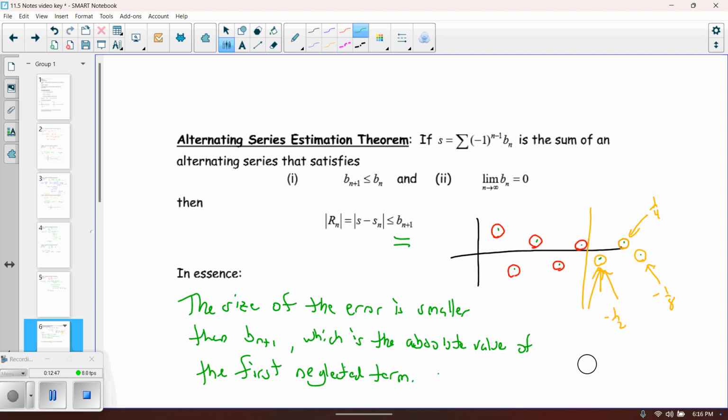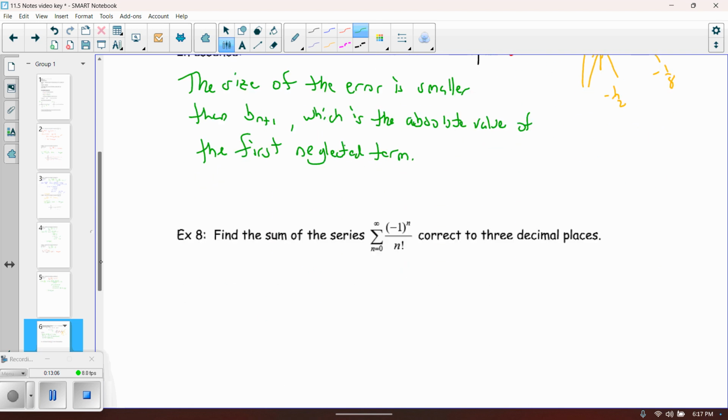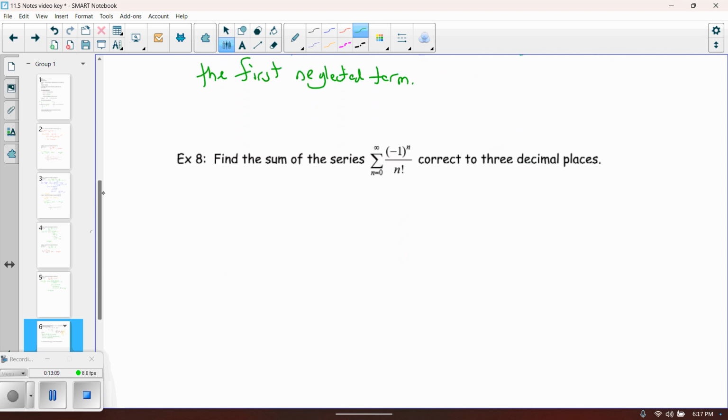The next term in the series, the first neglected term. So if you wanted to find out what the greatest possible error was of the first 73 terms, the 74th term would be that biggest possible error, or the absolute value of that 74th term. So how are we actually going to apply this? Well, I'm going to be honest with you, sometimes it's a little bit of guess and check.